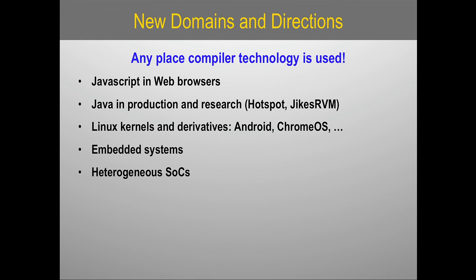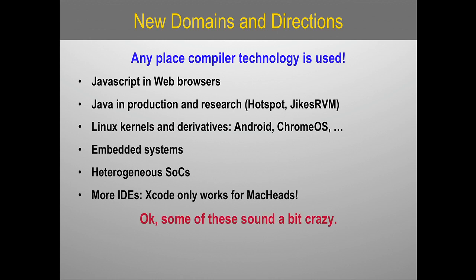And then heterogeneous computing, especially SoCs and mobile devices, is an area where I think it's ripe for a better representation. And more IDEs. So Xcode really works well for people building on Macs. But Eclipse and Visual Studio and all the other IDEs out there don't have any LLVM integration.